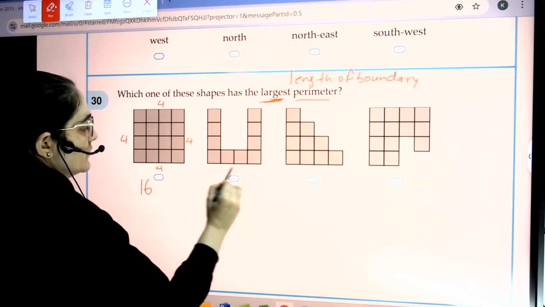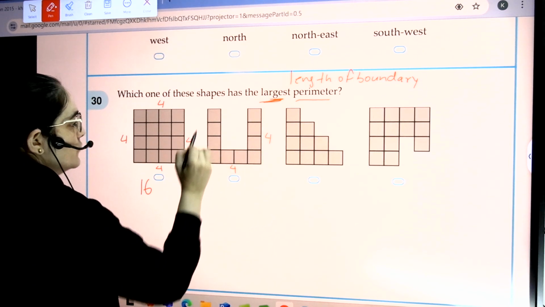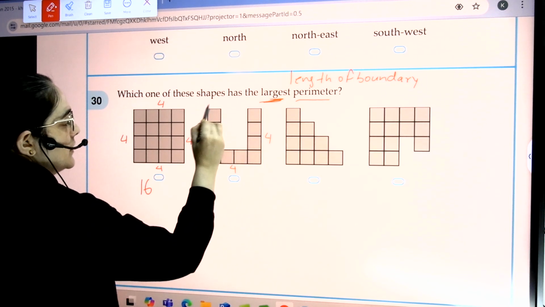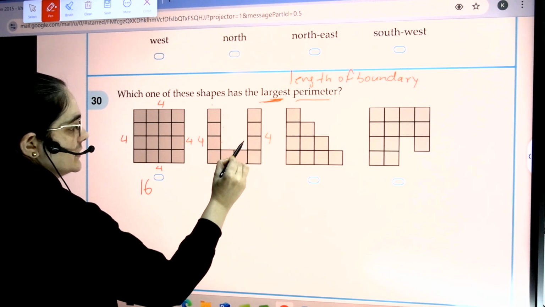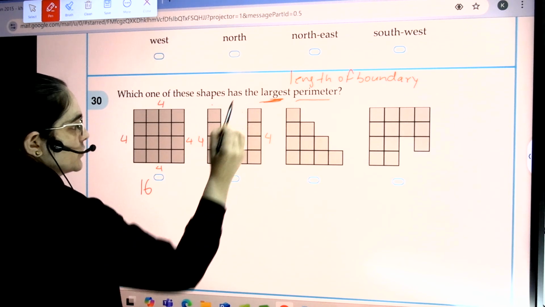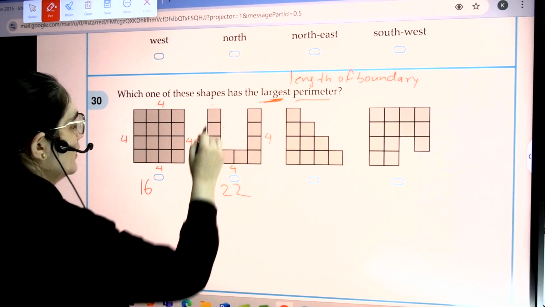Let's see the perimeter for this one. 4, 1, 2, 3, 4, 1, 2, 3, 4. So that makes it 12. Then 13, 14, 15, 16, 17, 18, 19, 20, 21, 22. So this one has perimeter 22. Okay.